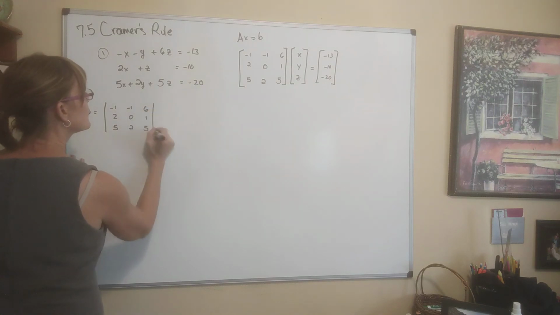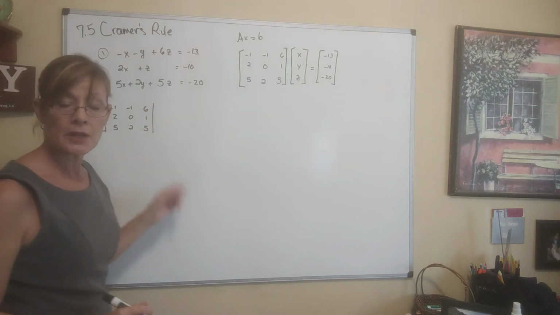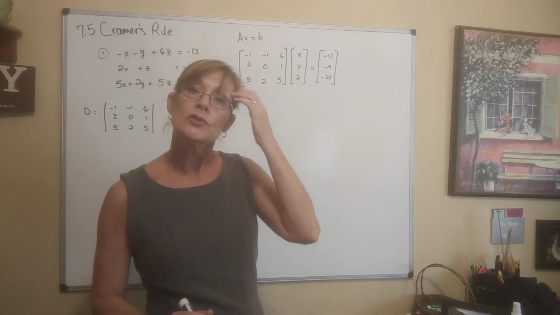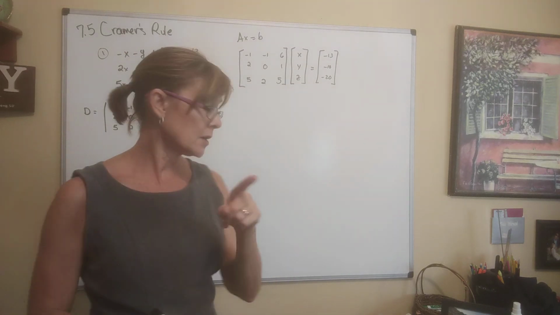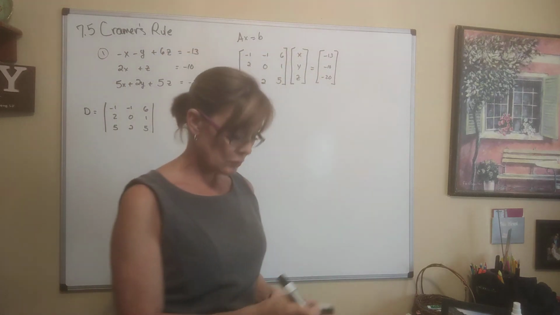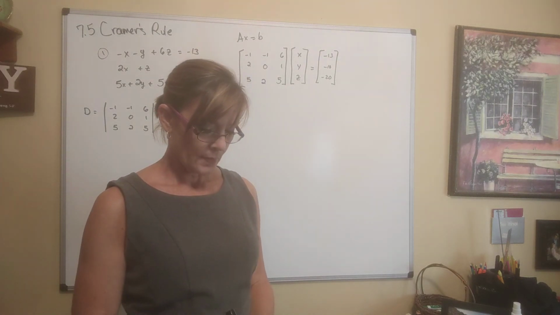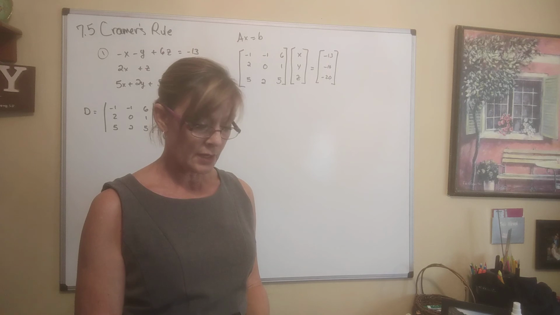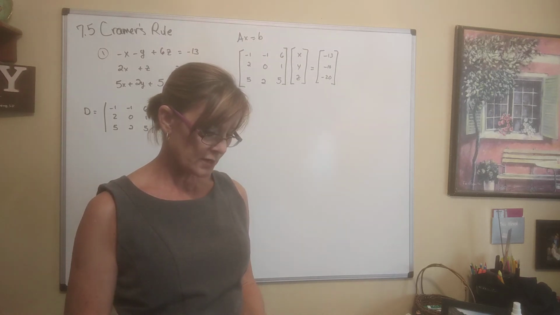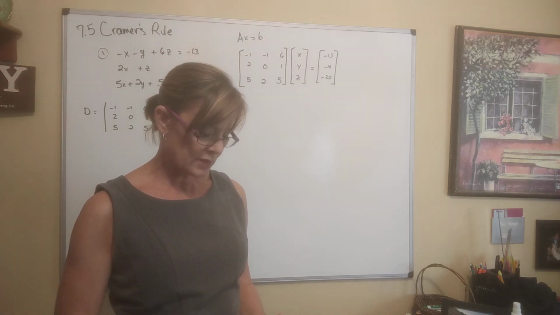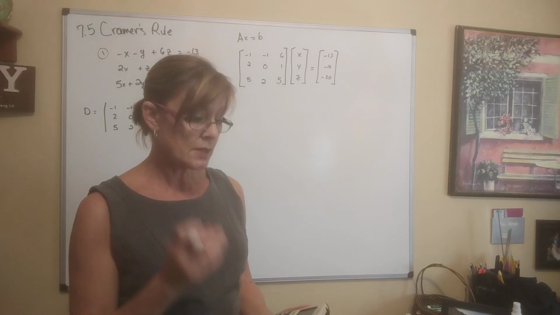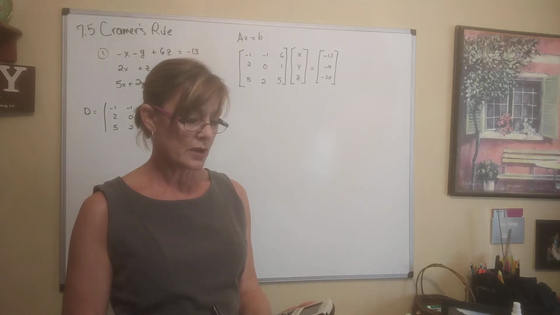And so in an earlier video, we discussed how to find the determinant. If you want to use your calculator to find the determinant, you would go to second matrix, hit edit, pick a matrix, and edit it, and you would put in a 3 by 3.